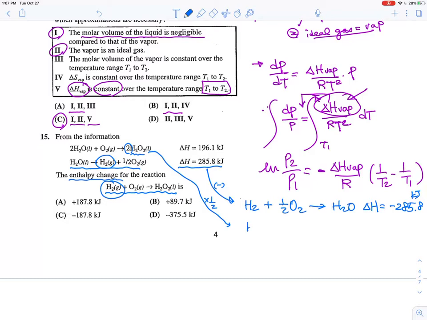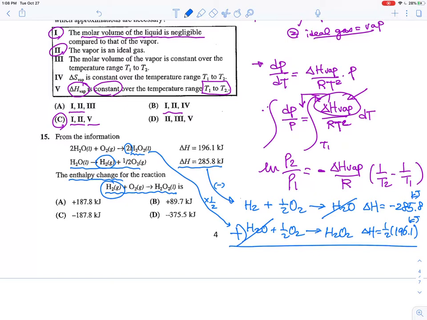By doing so, H2O plus half O2 becomes H2O2, and the delta H for this one is half of 196.1 kilojoules.